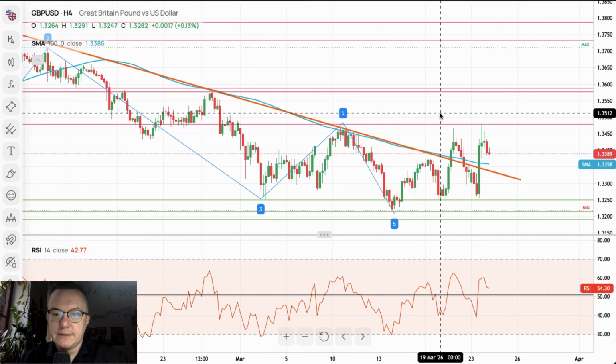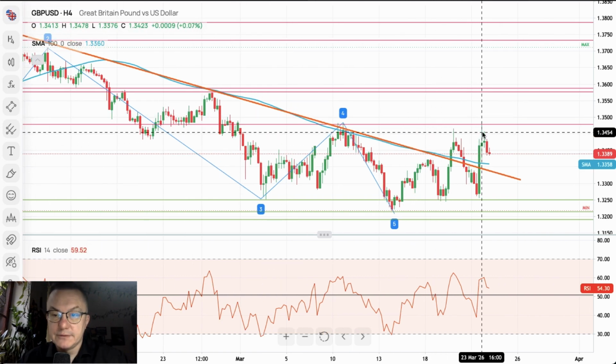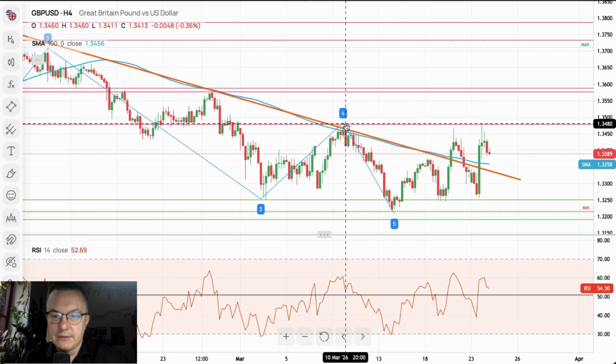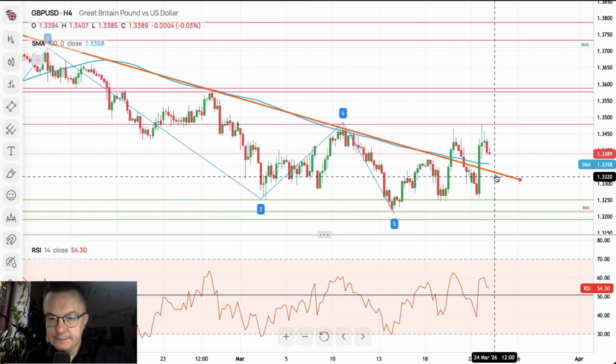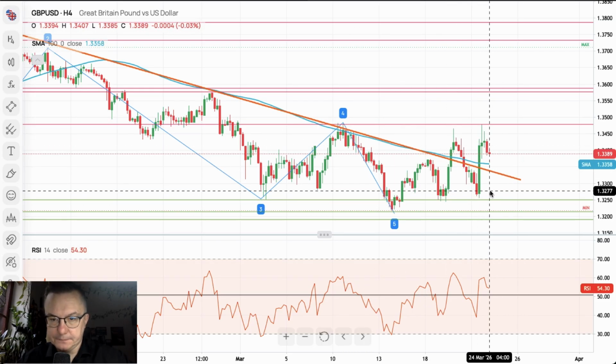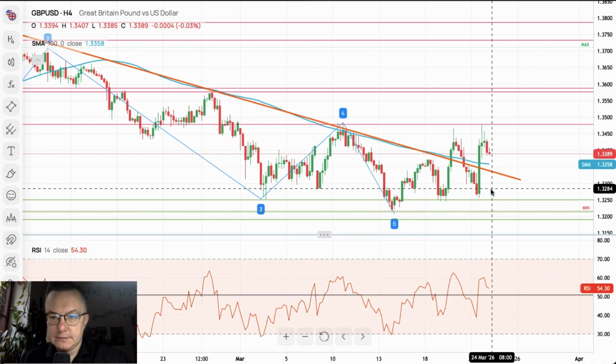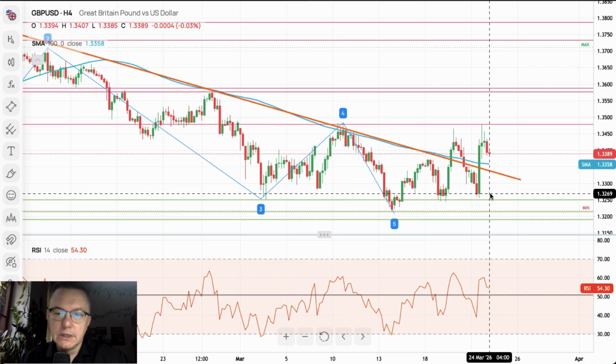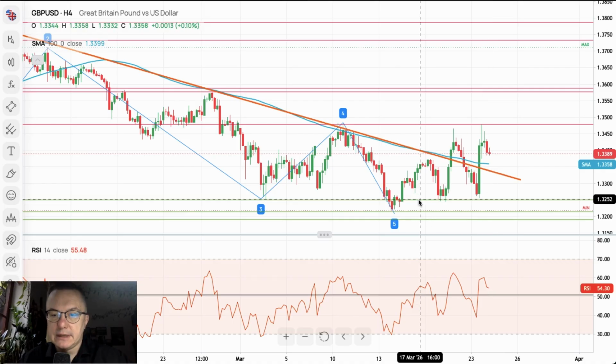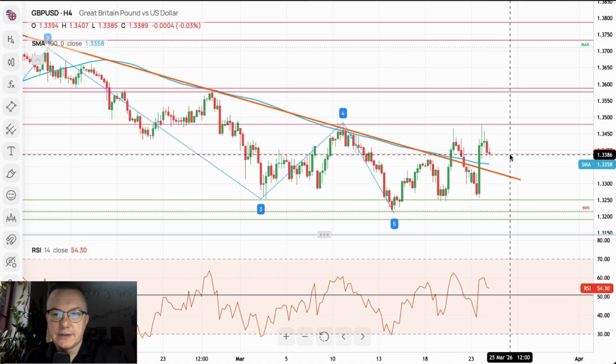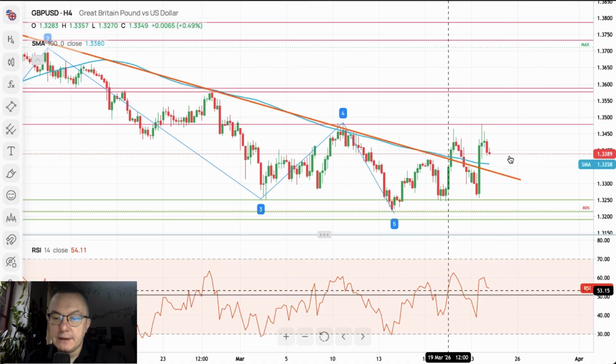British pound, the same situation. Yet again, it was rejected from 1.3478, the technical resistance and the high for the wave 4. So you can see this corrective wave is developing into a more complex and time-consuming kind of cycle. It looks like we haven't finished the movement in this corrective wave yet.